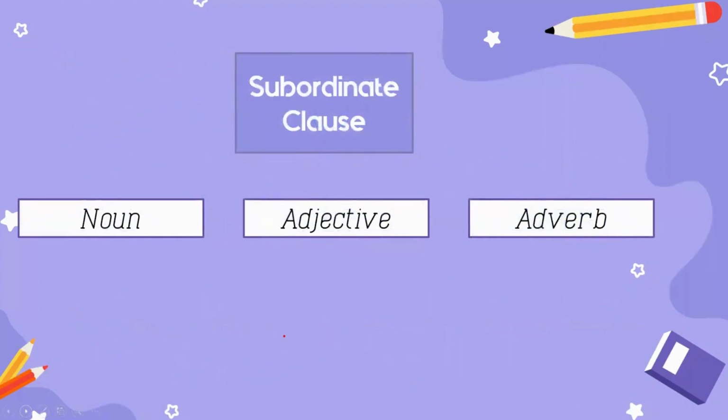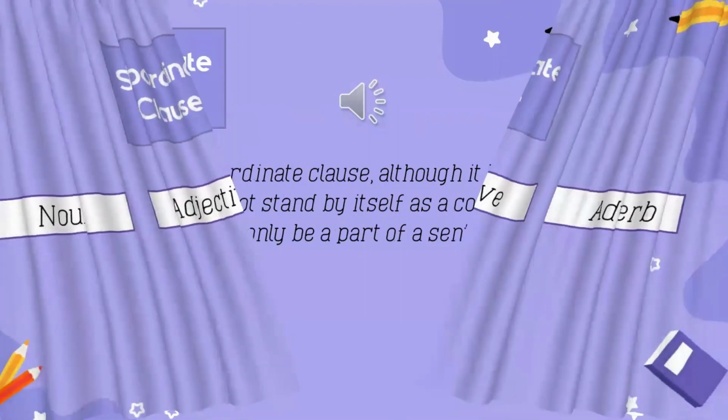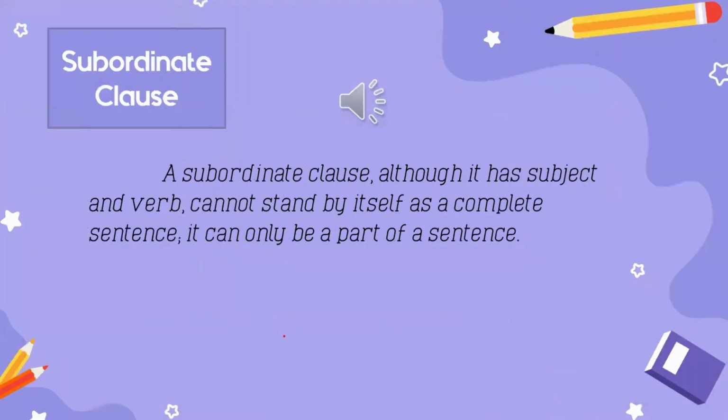Now, subordinate clauses, or what we call dependent clauses, can function in three ways. Dependent clauses may act as a noun, as an adjective, or as an adverb. A subordinate clause, although it has a subject and verb, cannot stand by itself as a complete sentence.